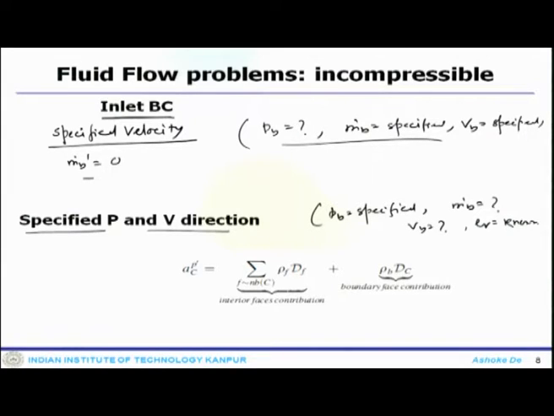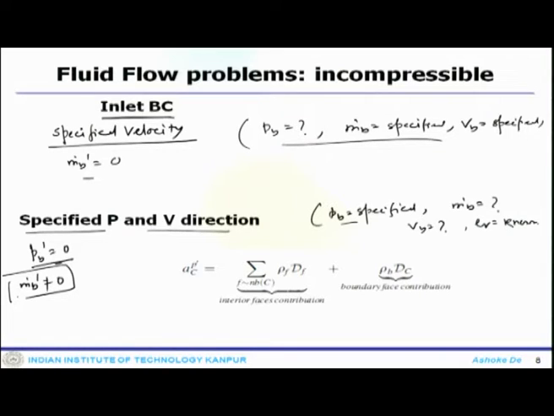Since Pb is known, P prime at the boundary would be 0 for the correction, but this does not mean m dot b prime would be 0; the mass flux would not be 0. So, note that.